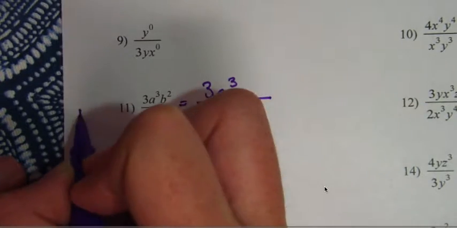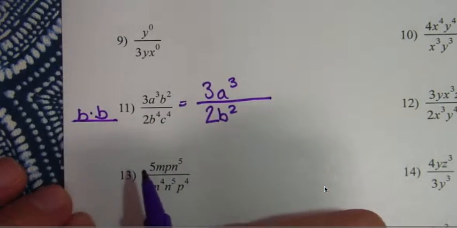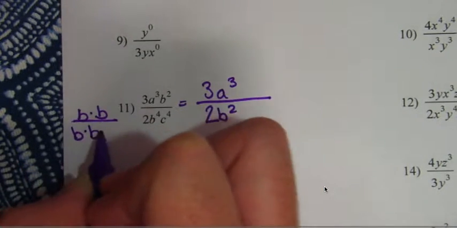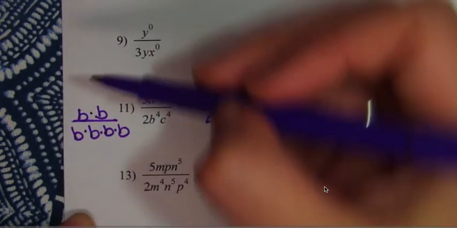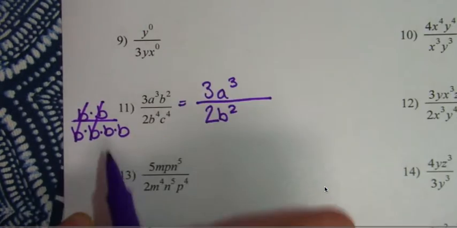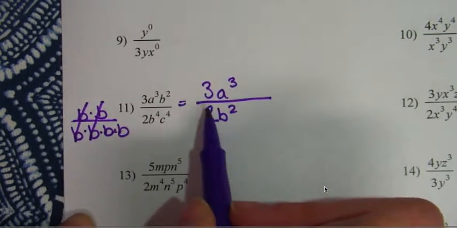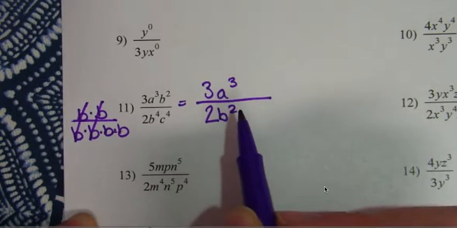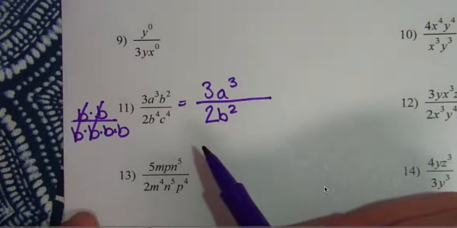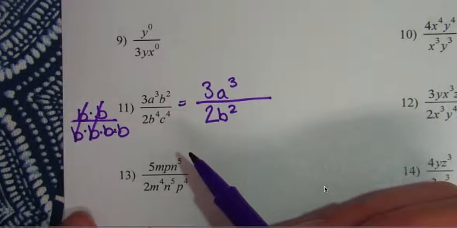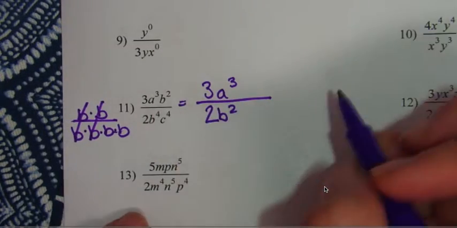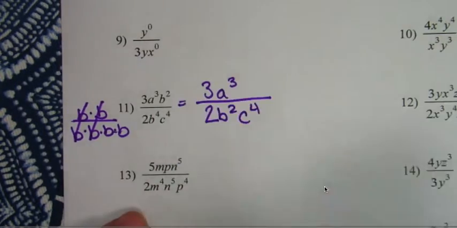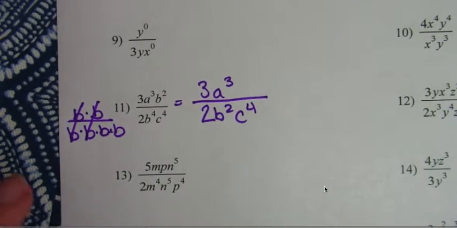The reason why: if I wanted to write it out, 2 b's up top, 4 at the bottom, and when I cancel out, I'm left with 2 at the bottom. We want to write with positive exponents is our name of the game, and we'll start with that tomorrow. And c to the fourth, there's no one to combine, so I'm just going to leave it c to the fourth power there.